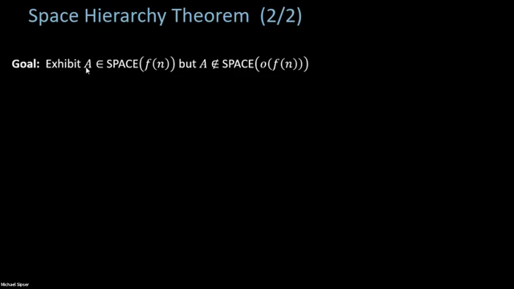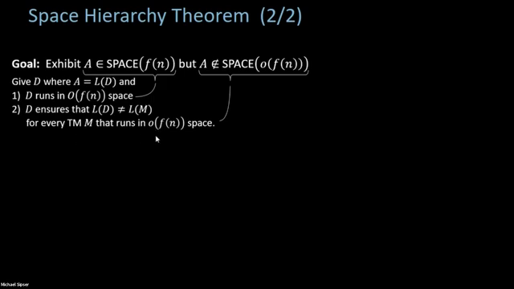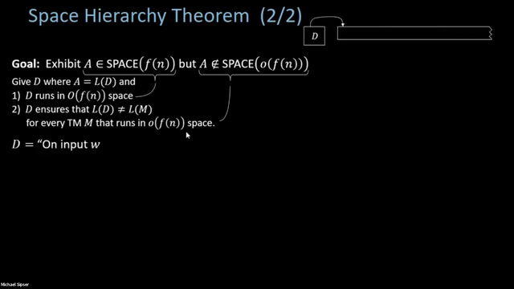I want to exhibit this language A, which I can do in this much space, but not in any less. So I'm going to give this machine D, where A is D's language. D runs in order f of n space, and that achieves this part. And D makes sure that its language cannot be done in any less space. So that achieves this part. So it's different from the language of any machine that runs in little o of f of n space.